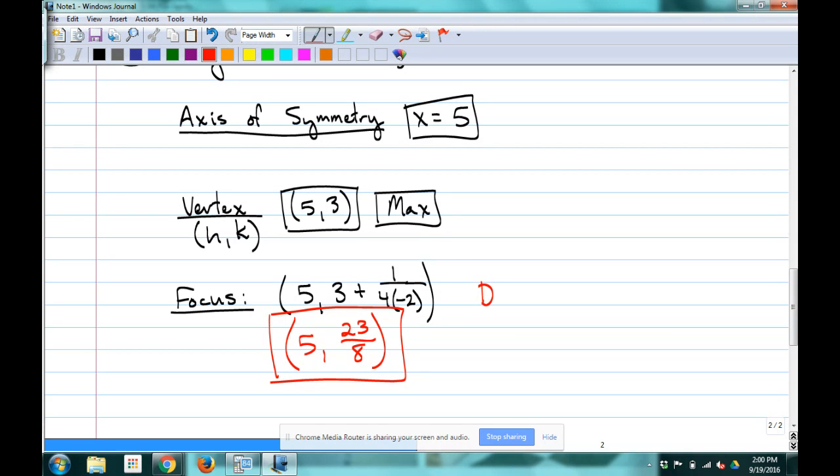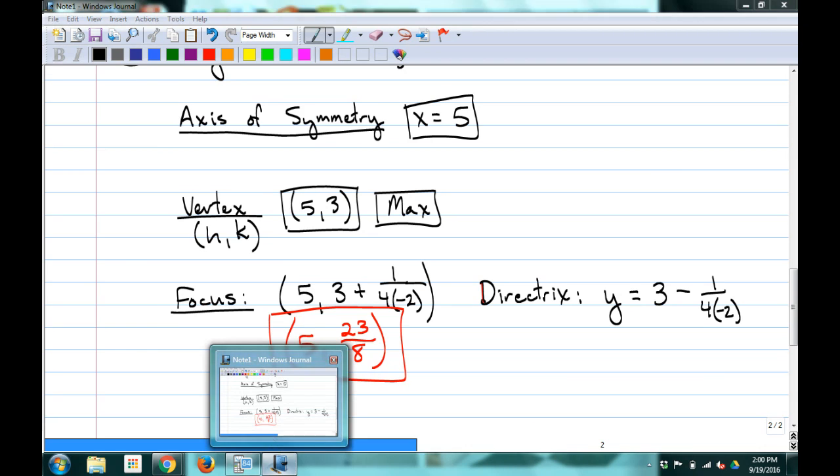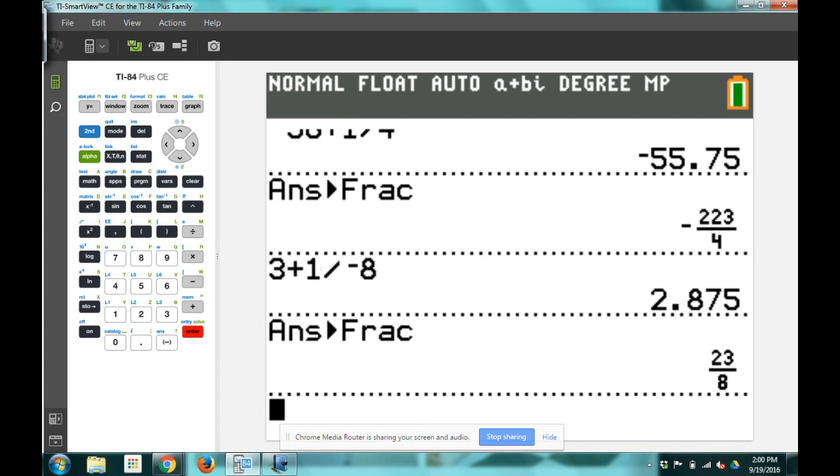My directrix is y equals, and then I'm going to take whatever the y value from the vertex was and subtract 1/4 times a. So that's the same math I did here.